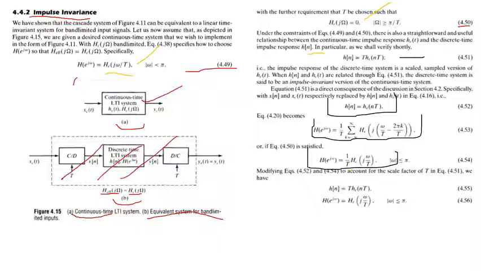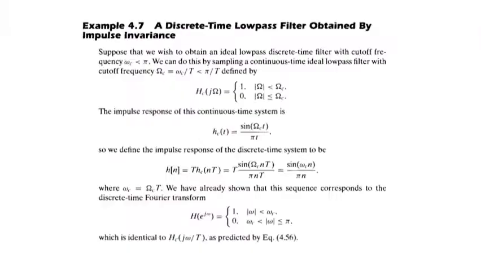So let's move on to our last slide of today's lecture. Here we are doing a simple example, a discrete time low pass filter obtained by the impulse invariant method. We have the continuous filter H_c(jω) equal to 1 when |ω| is less than ω_c, and 0 otherwise; this is wrong, it should be greater than or equal to ω_c.